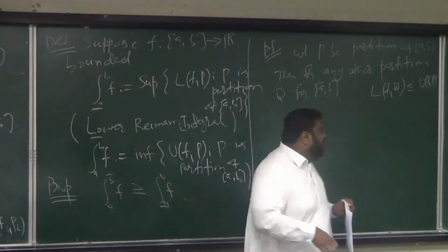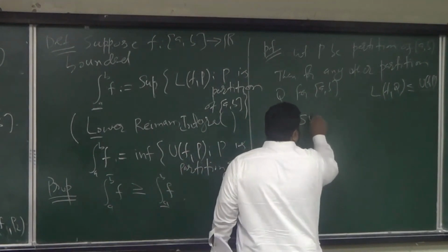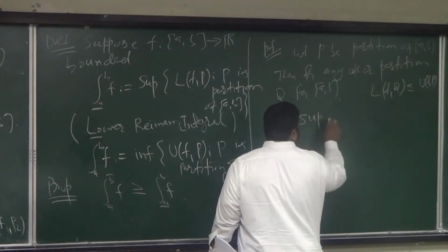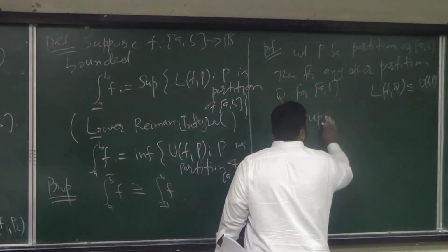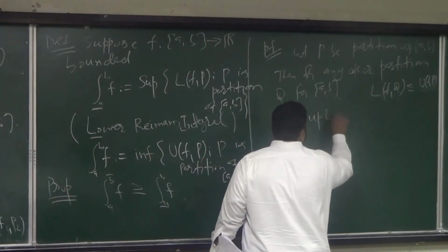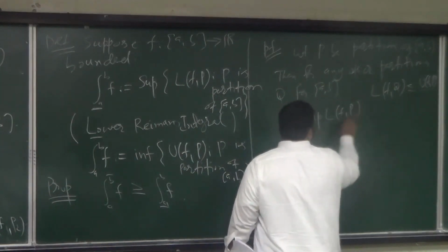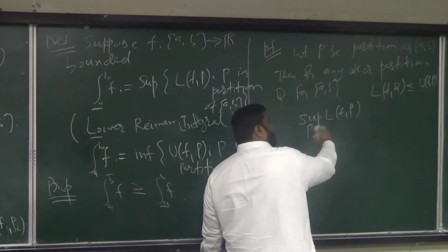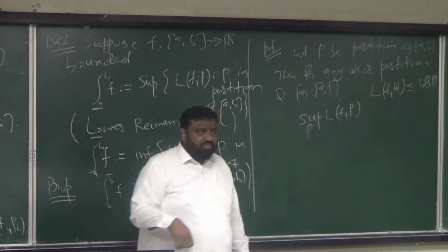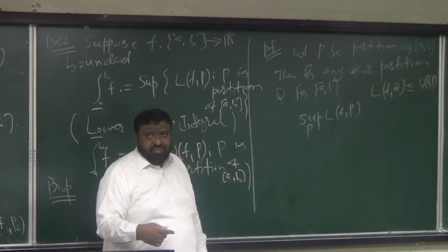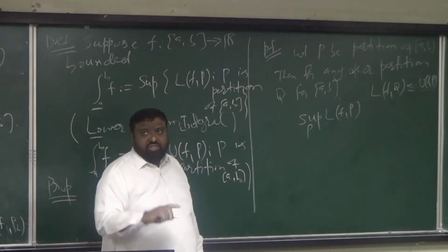So supremum is what? Just think about it. I'm taking the supremum of LFP where P is any partition. The supremum is taken over the partitions. For every partition, you have an LFP and you are taking the supremum.